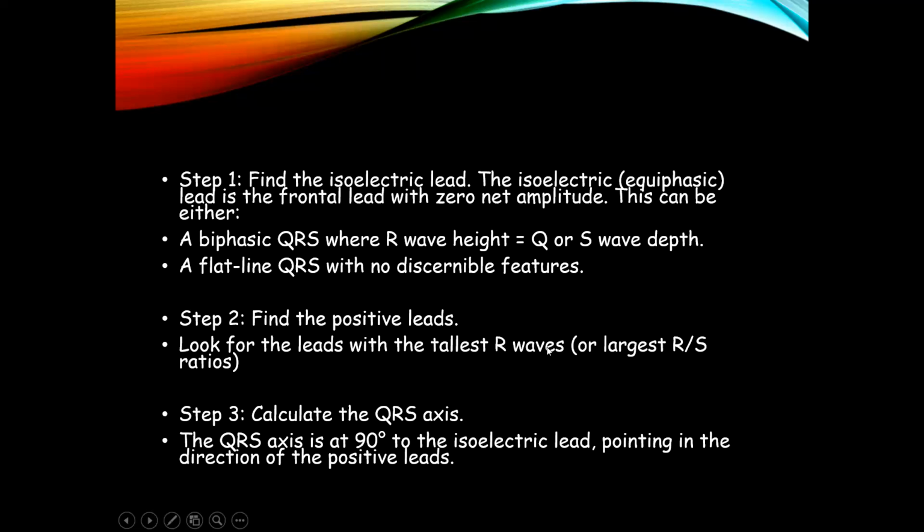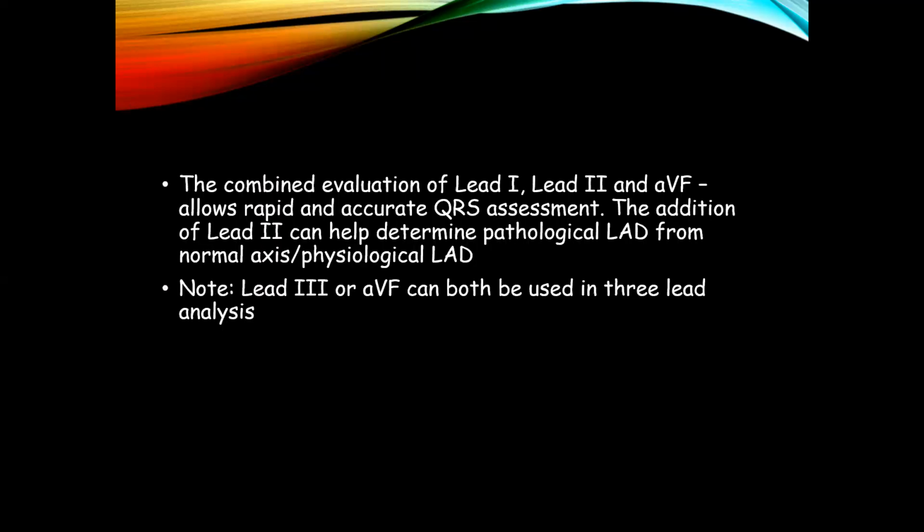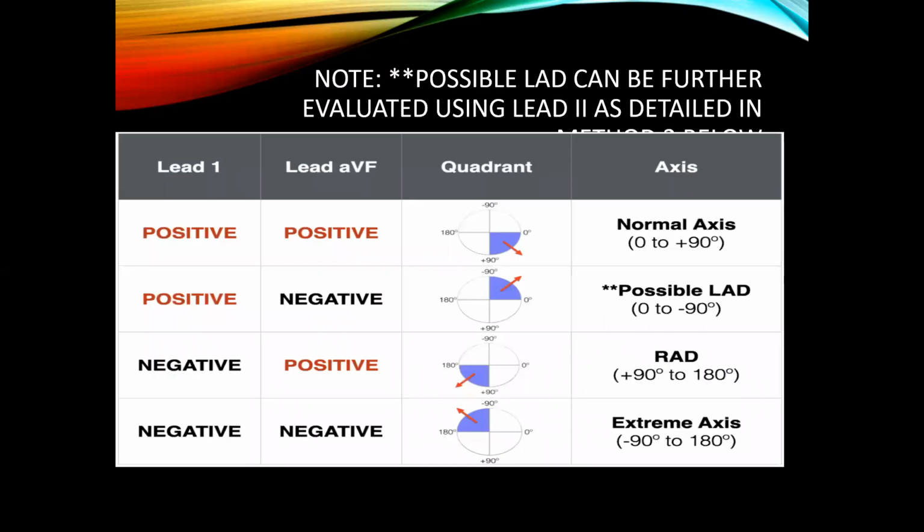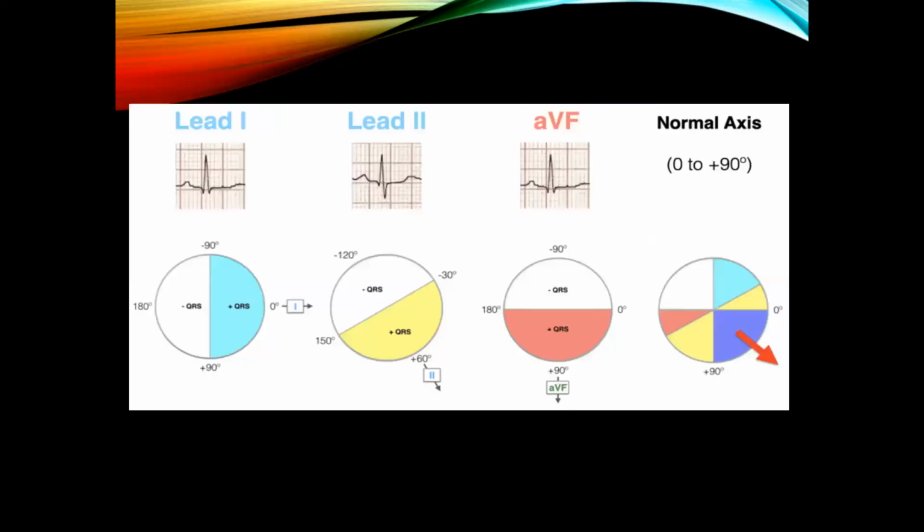Look for the leads with the tallest R waves. Then step 3, calculate the QRS axis. The QRS axis is at 90 degrees to the isoelectric lead, pointing in the direction of the positive lead. So these were the 3 methods of determining the cardiac axis.